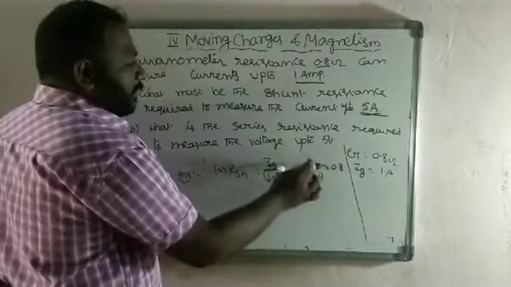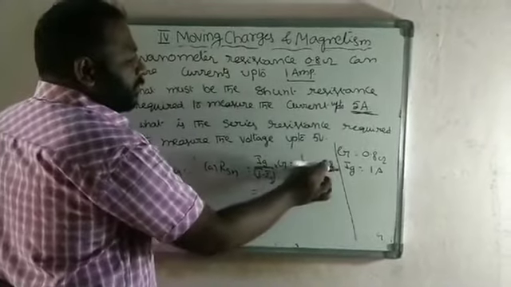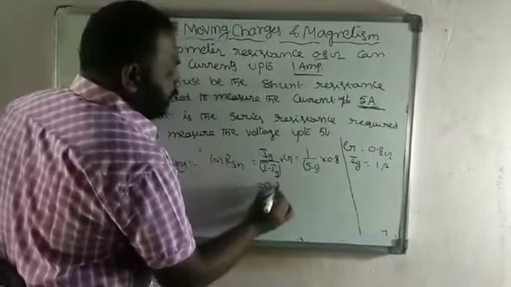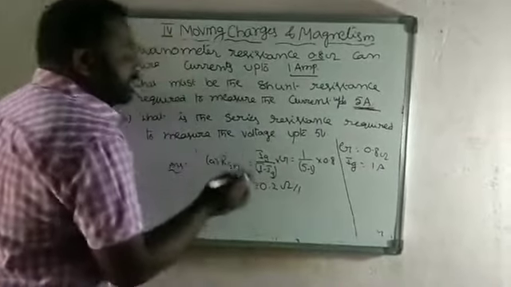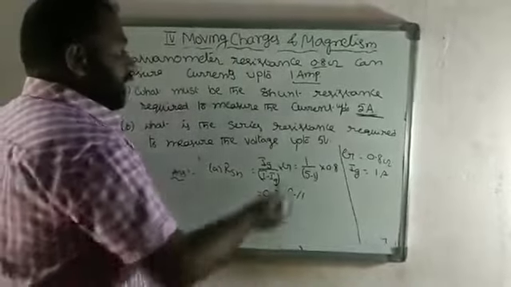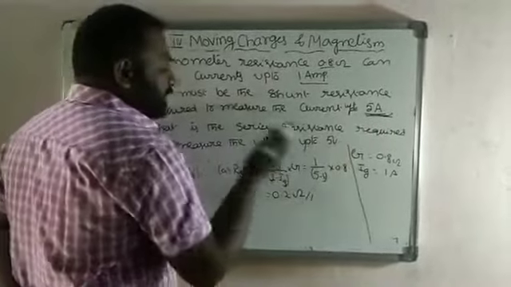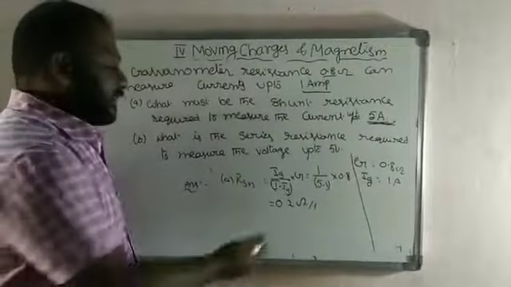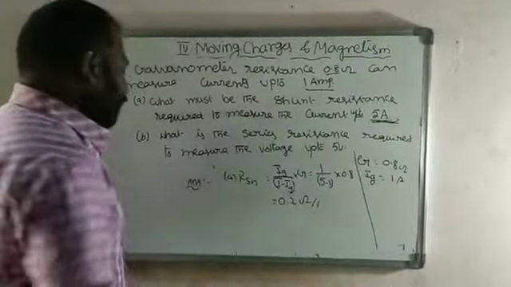Simple question. 1 by 5 minus 1 is 4. 0.8 by 4 is nothing but 0.2 ohms. The resistance to measure current up to 5 amperes is 0.2 ohms, connected in parallel to that galvanometer.